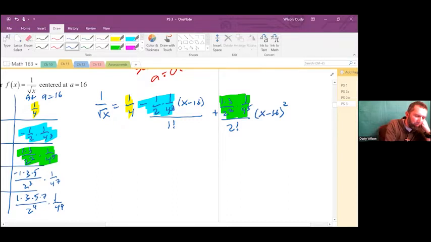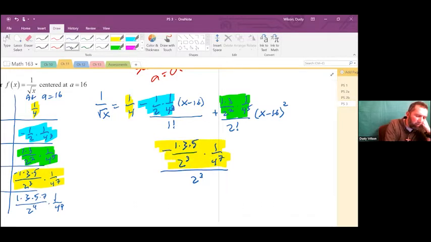Okay, we're on a roll. So then we would subtract 1 times 3 times 5 over 2 cubed times 1 over 4 to the 7th, all over 3 factorial, sorry, not 2 cubed in the denominator, and I multiply the whole bit by x minus 16 cubed.